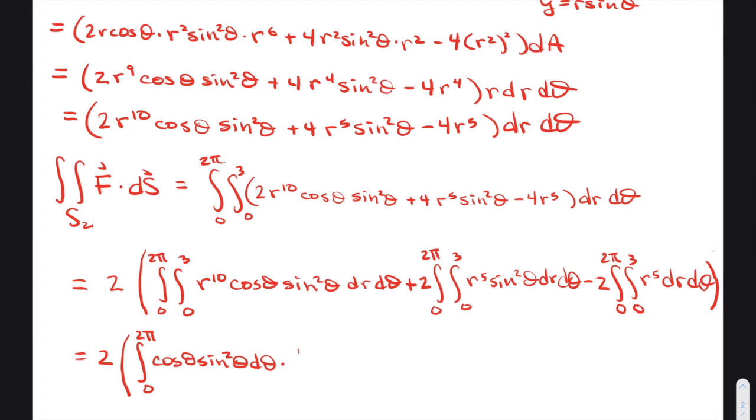And then times another integral, this one's the easy one, from 0 to 3 of r to the 10th dr. Like that. Okay, and then plus, same thing on this next one. You could do plus 2, an integral from 0 to 2 pi, and just have the sine squared theta d theta.